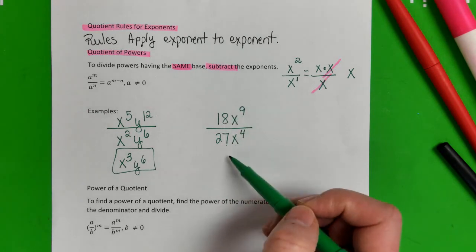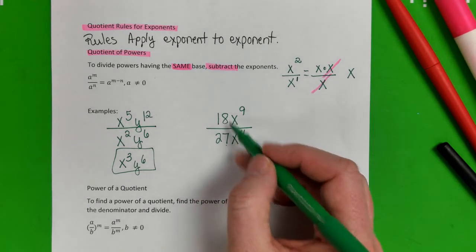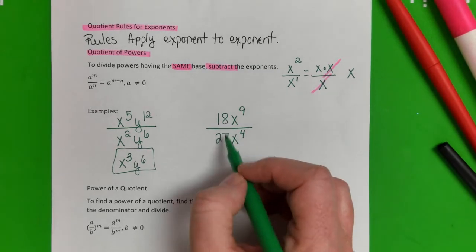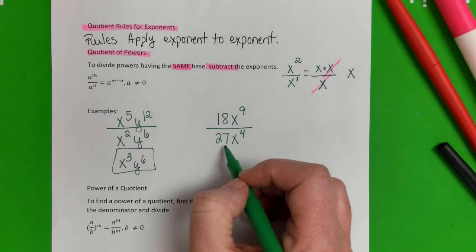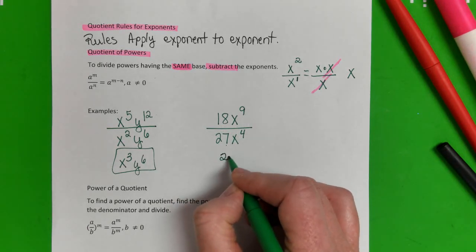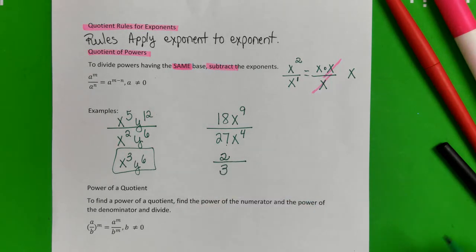Their exponents are just 1, so we're not going to subtract them. We're going to just simplify 18 and 27 just like we normally would, just like a regular fraction. So 9 goes into both 18 and 27. So 18 divided by 9 is 2. 27 divided by 9 is 3.